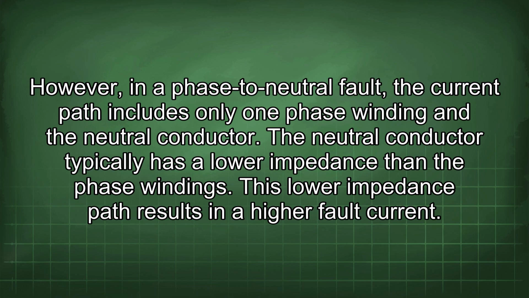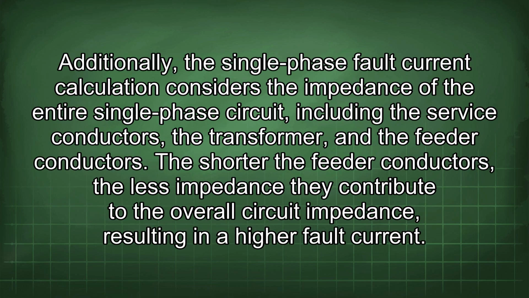The neutral conductor typically has a lower impedance than the phase windings. This lower impedance path results in a higher fault current. Additionally, the single-phase fault current calculation considers the impedance of the entire single-phase circuit, including the service conductors, the transformer, and the feeder conductors. The shorter the feeder conductors, the less impedance they contribute to the overall circuit impedance, resulting in a higher fault current.